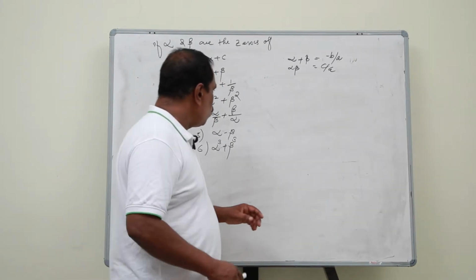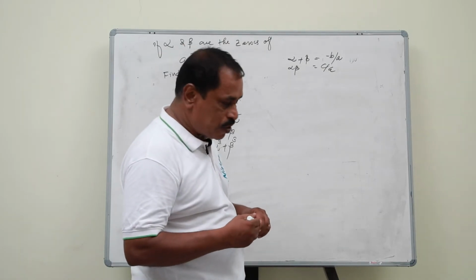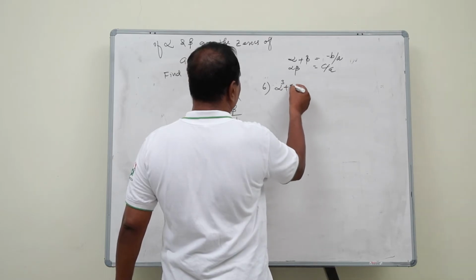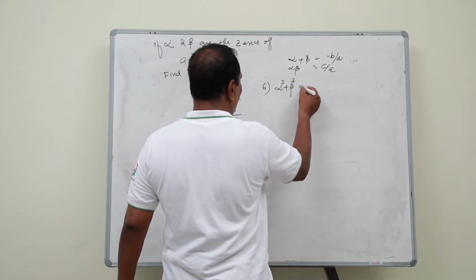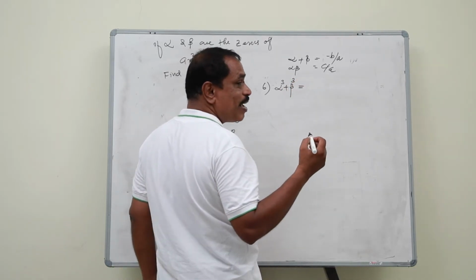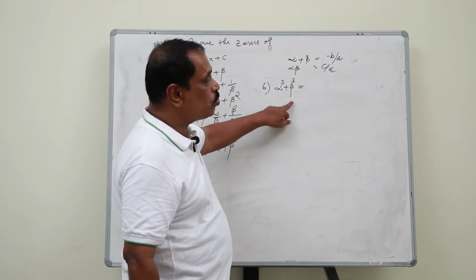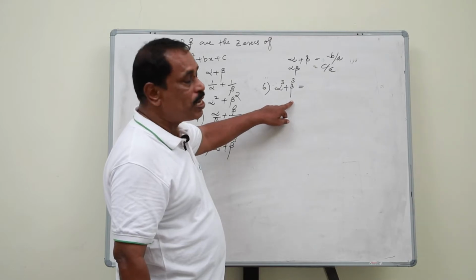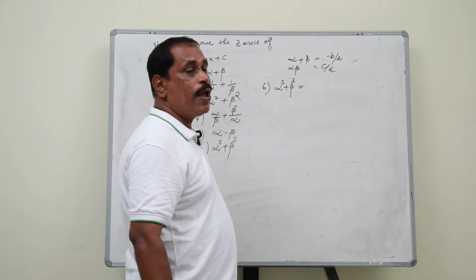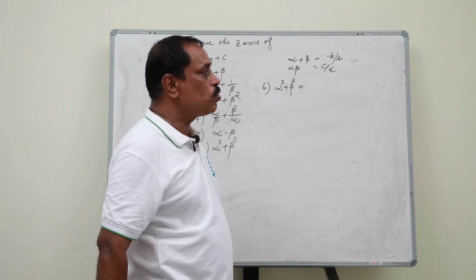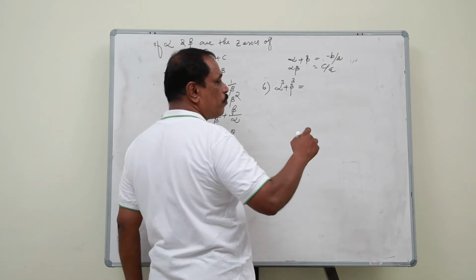Clear? Now, let us do the last one, the sixth one. Alpha cube plus beta cube is equal to, yes, a 9th standard identity: a cube plus b cube equals a plus b the whole cube minus 3ab into a plus b. Convert this in terms of sum of the zeros and the product of the zeros.